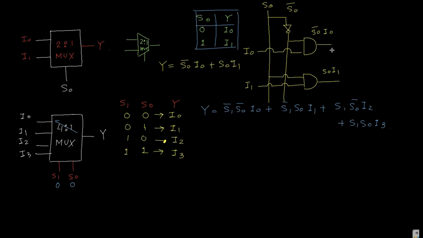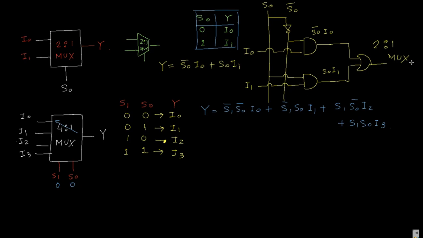Now both are ORed with an OR gate, that means this is your diagram for the 2:1 mux. Okay, this is quite easy.